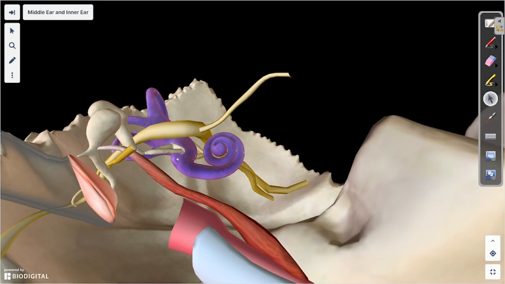So once these vibrations enter via the oval window, they cause the perilymph and the endolymph to vibrate. Now sound is in the form of pressure waves, and it enters the cochlea, whereby it will be picked up in the middle chamber of the cochlea by your organ of Corti. The organ of Corti takes that stimulus, converts it into an impulse, and it will exit via the auditory nerve to the cerebrum, not the cerebellum, right?